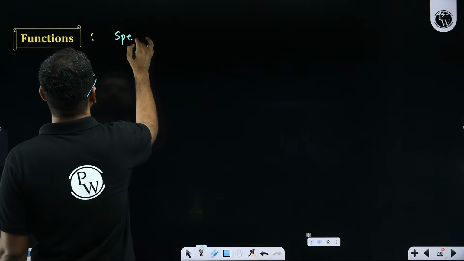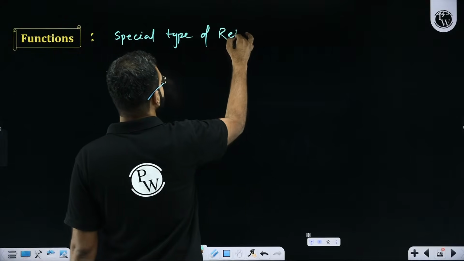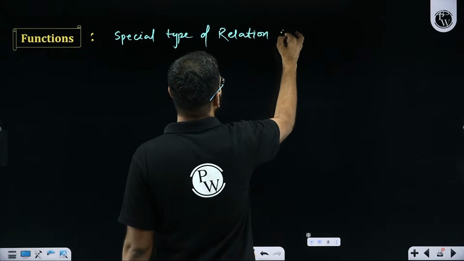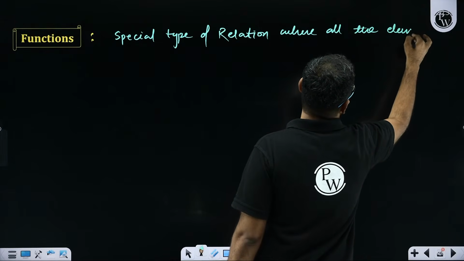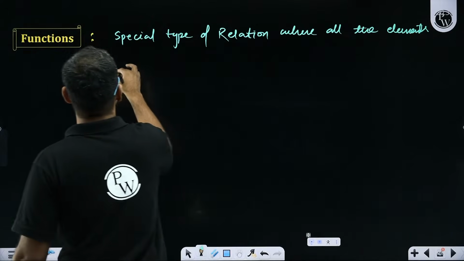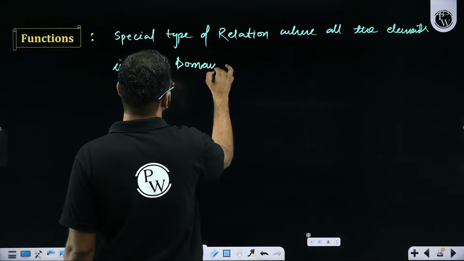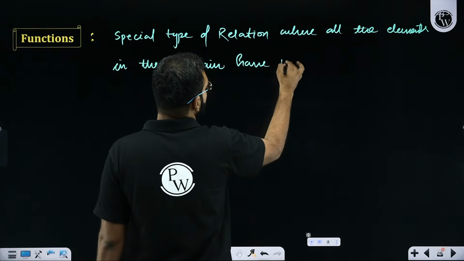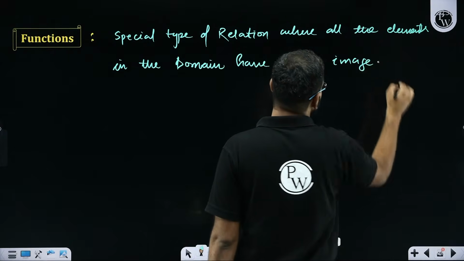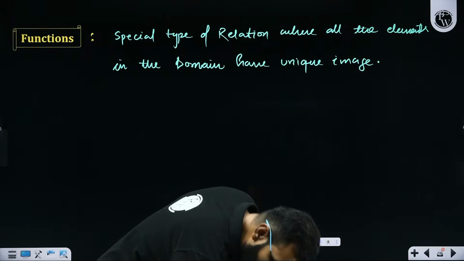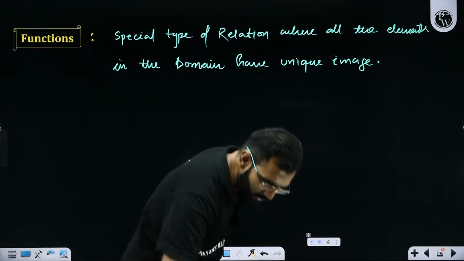It is a special case or a type of relation where all the elements in the domain, or from the domain set, have a unique image. If that rule is followed by a relation, we would still call it a relation, but preferably I'll call it a function. Did you all get it, or shall I repeat this?